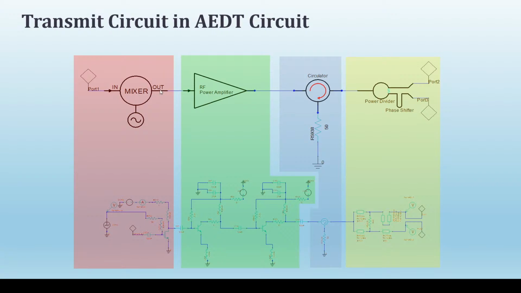So you can use the ideal components to look at the result, or you can replace the ideal component with the real circuits. Here we have each circuit correspond to each component. For the circulator, instead of building a circuit, we just use an S parameter file. Either you can choose to build a circuit, or you can import an S parameter file or SPICE analysis. If you design your circuit in another tool, this will save a lot of time too.